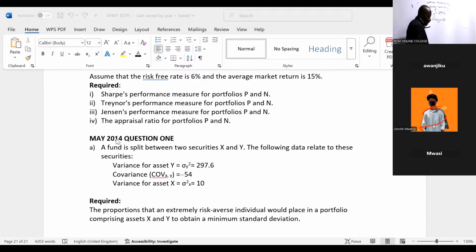Variance is standard deviation squared, and the variance for X is 10. We are required to provide the proportion that an extremely risk-averse individual would place in a portfolio comprising assets X and Y to obtain a minimum standard deviation.